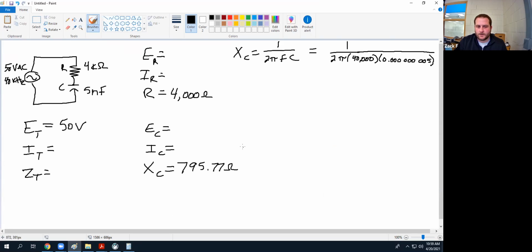Now what can we solve for? We have two resistance values. Maybe we could solve for impedance. Well, let's look at the old formula sheet.